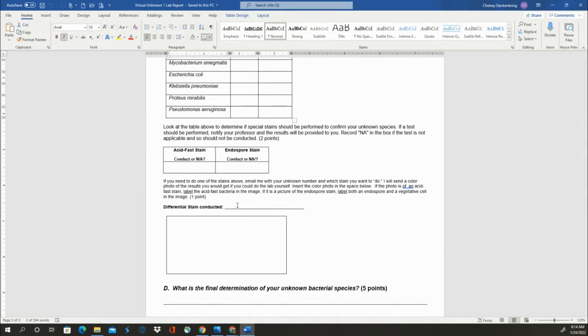If Staph aureus does not need either stain, then don't request a picture of that stain, okay? So you're basically just taking a lot of this stuff from Lab Unit 1 and putting it together here to identify an unknown organism. And I'll be sending you your pictures within the next day or so.